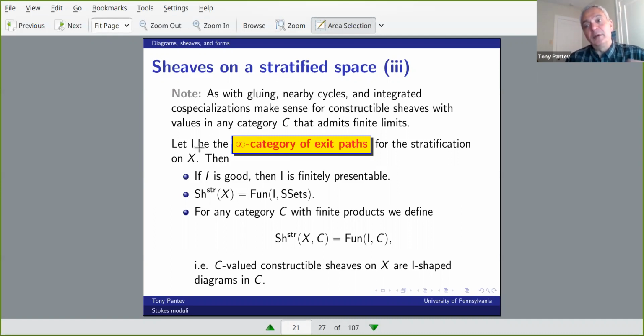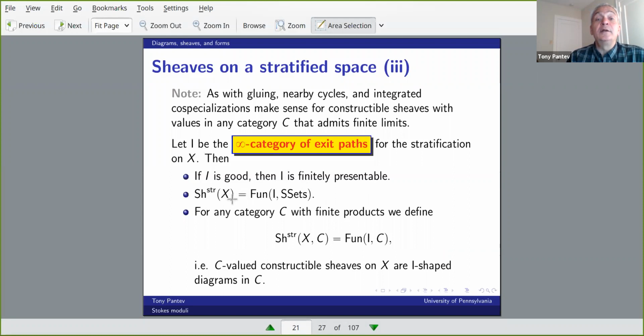These are homotopy classes of paths that have one end anchored at the stratum, and there is an infinity category structure on that, which is very explicit. So if I is nice, say a finite poset or a finitely presentable infinity category, then this exit path category is also finitely presentable.